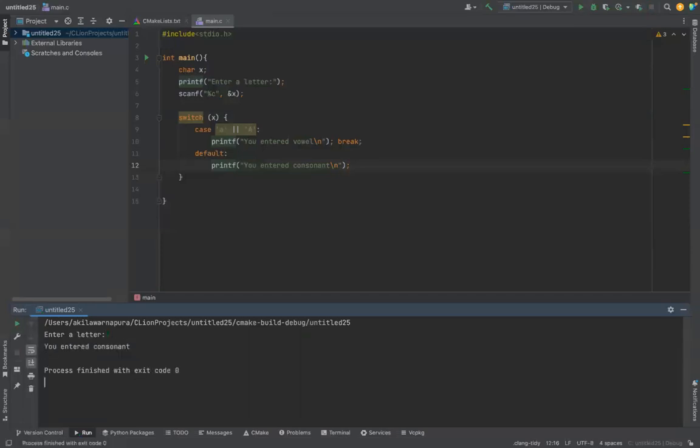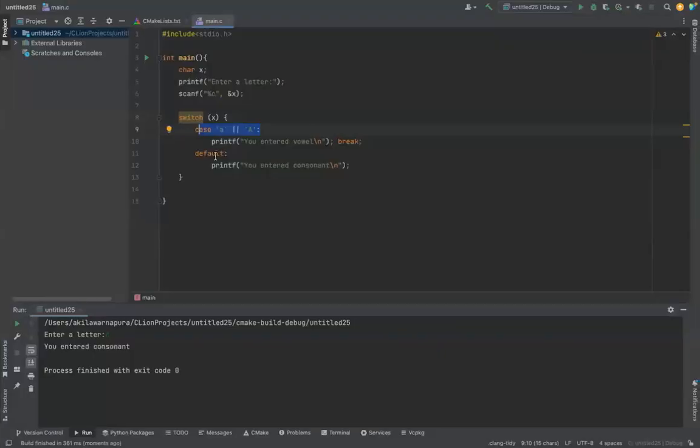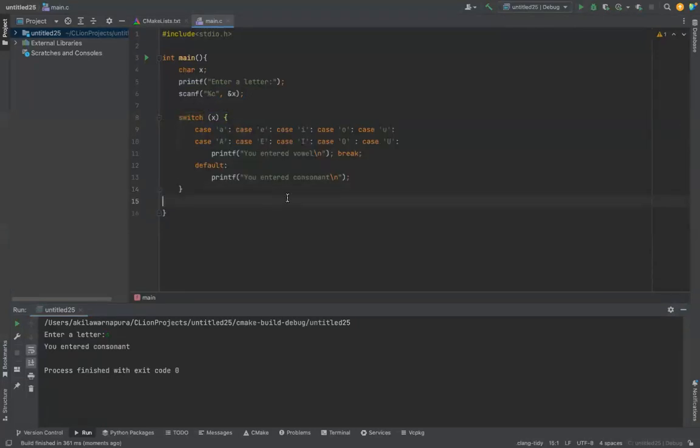Let's say capital A, you enter, it shows consonant because the output is 1. 1 means case 1, and case 1 doesn't tell you that. Do you understand that one? I don't know how you got the answer for the first line. Okay, this won't work. So the answer should be this kind of one. Okay, any questions? Any other questions?